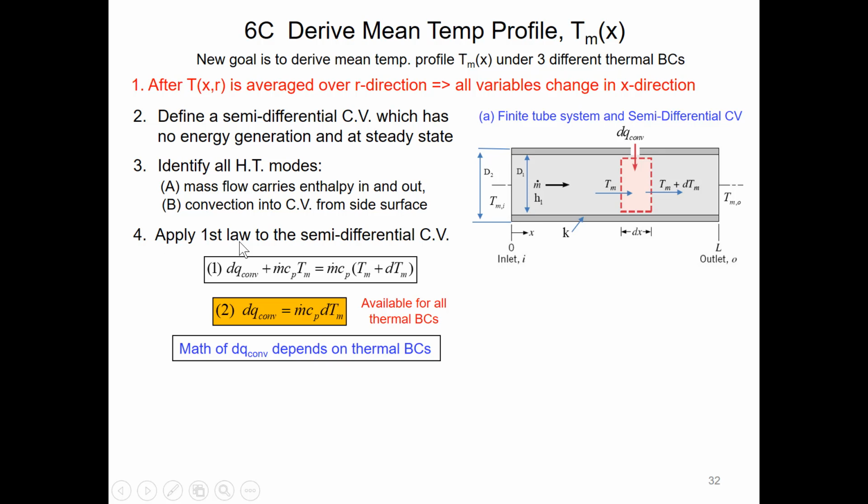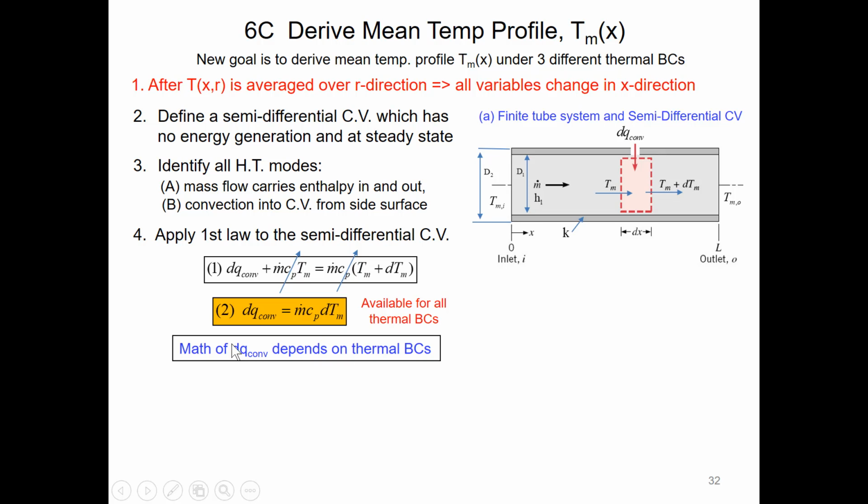Now we can apply the first law to the control volume. Energy in equals energy out. Cancel these two terms. Equation 1 becomes equation 2, which is available for all the thermal boundary conditions.